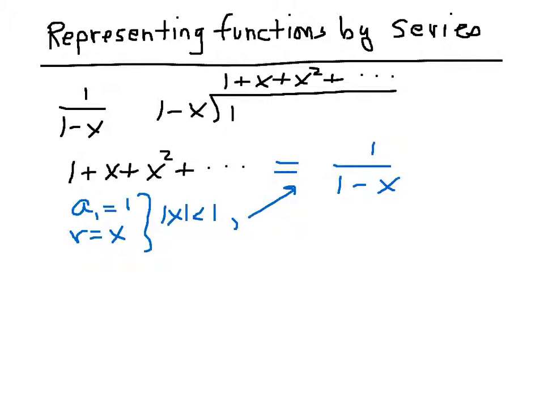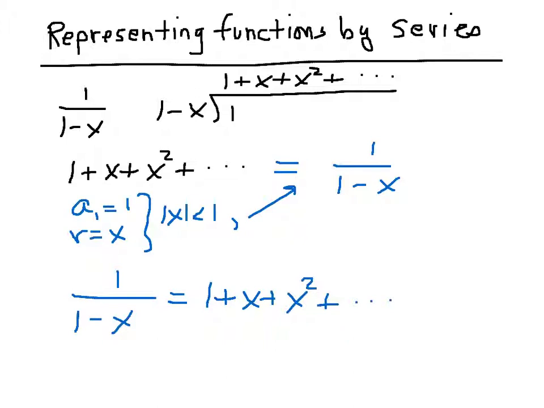But in either way, what we get is the fact that this function, this very, very simple rational function, can be written like this. Now, you'd want to say that this is a polynomial, but it really isn't, because it never ends, and a polynomial must have a degree.